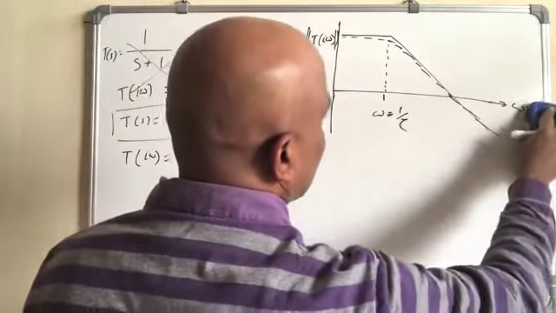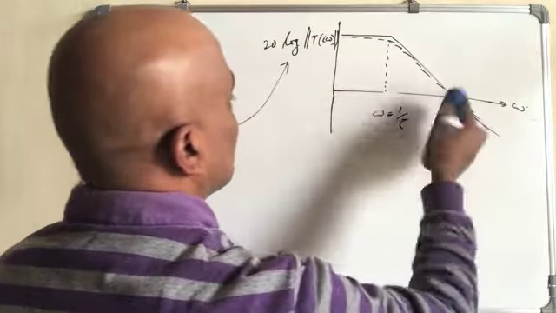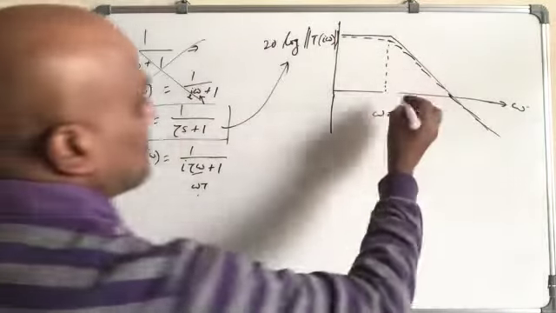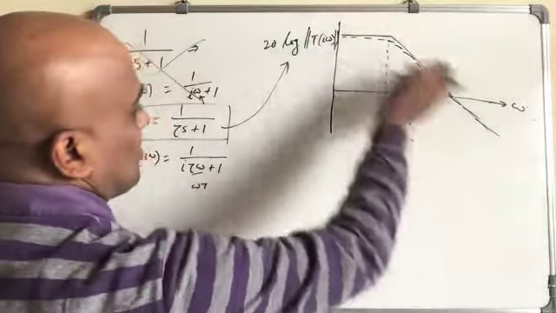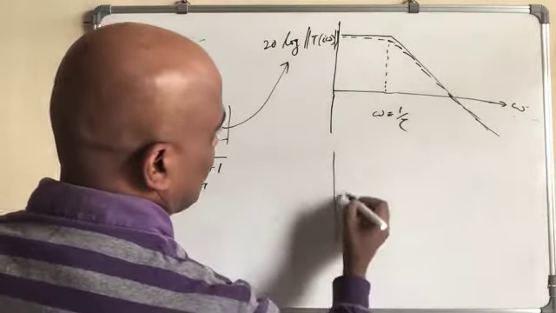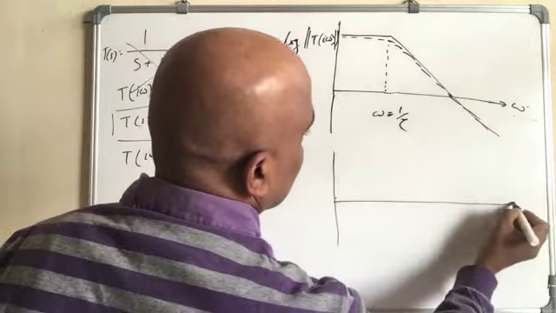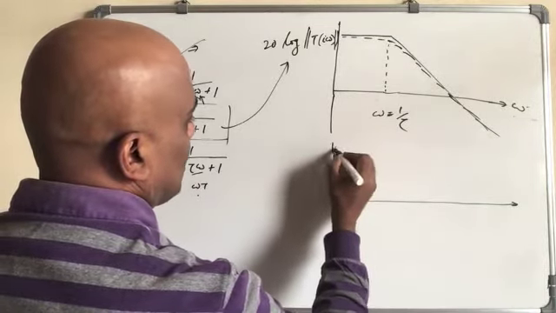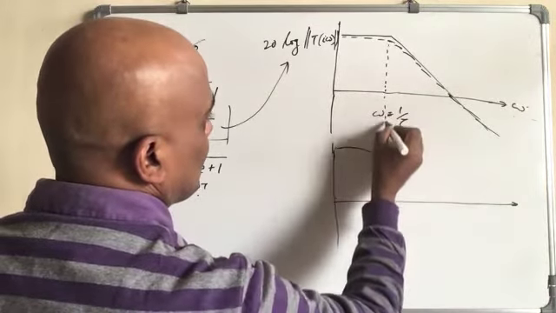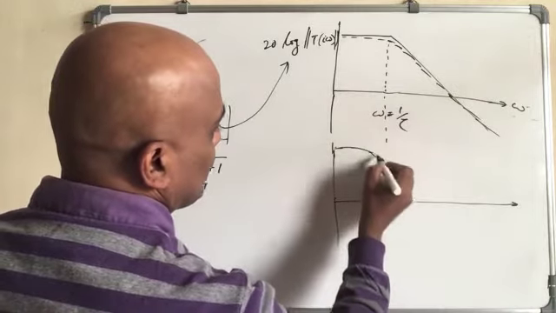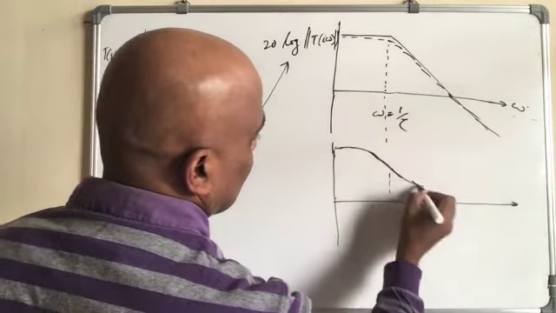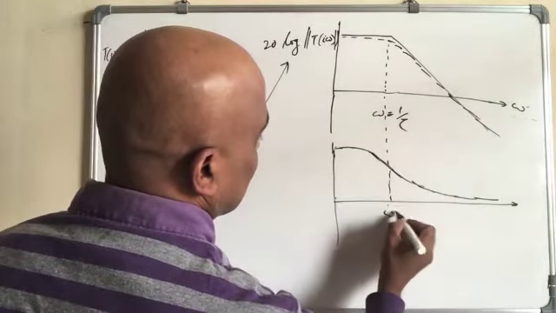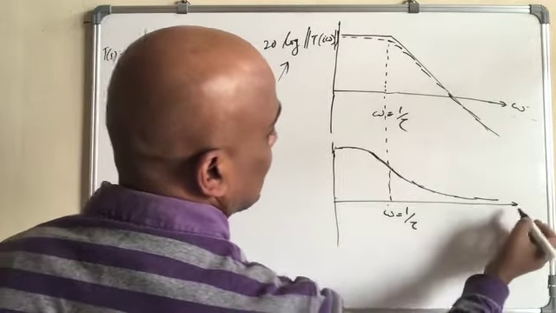And the rest will look the same as earlier. And similarly here, the phase will start from around 0, at this location it will be 45 degrees, and then it will go to 90 degrees. So here it will be omega equal to 1 over tau.